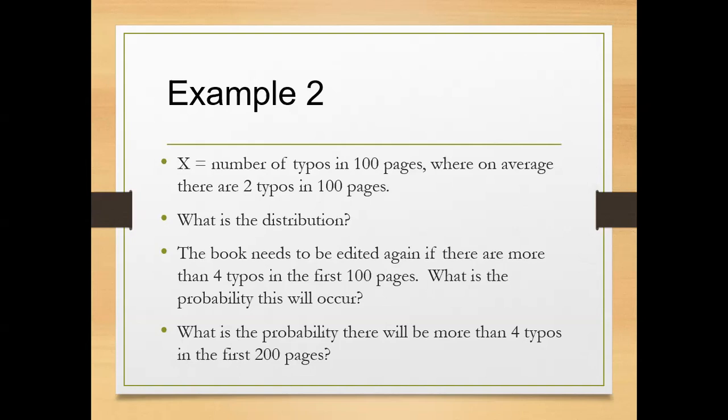If every 100 pages there were 2 typos, then what do you expect for 200 pages? Well, 4 typos. So that's going to be a different distribution. It's still going to be the Poisson, but with a different parameter, lambda equal to 4, because that's the number of typos in the first 200 pages.